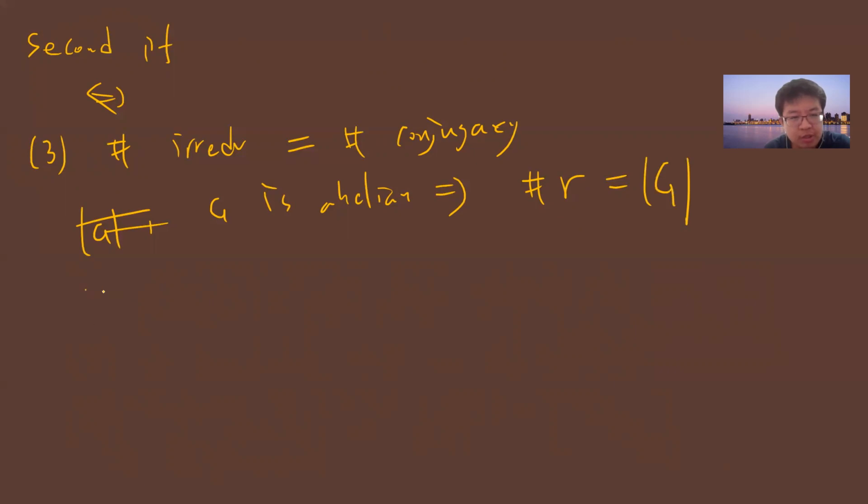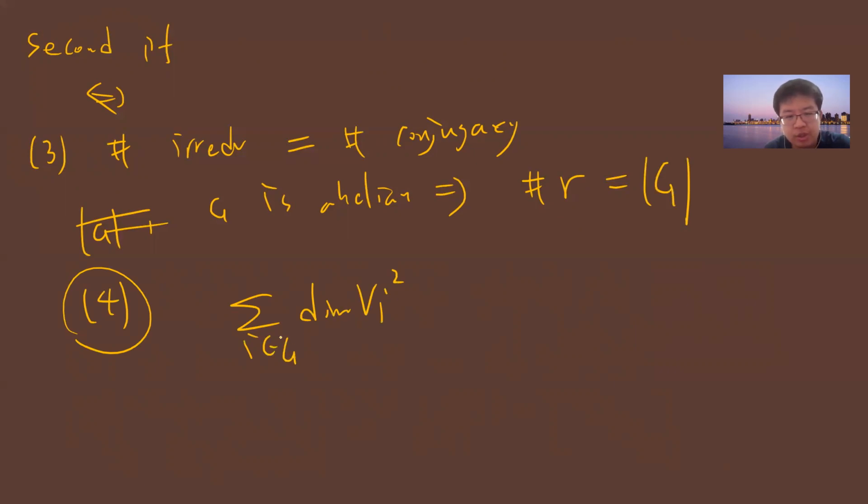But we also have the property that the sum over all irreducible representations of the dimension squared should be the same as the order of G. You have G of them, and the sum of squares needs to be G. So the only possibility is that the dimension of V_i is 1 for each irreducible representation.